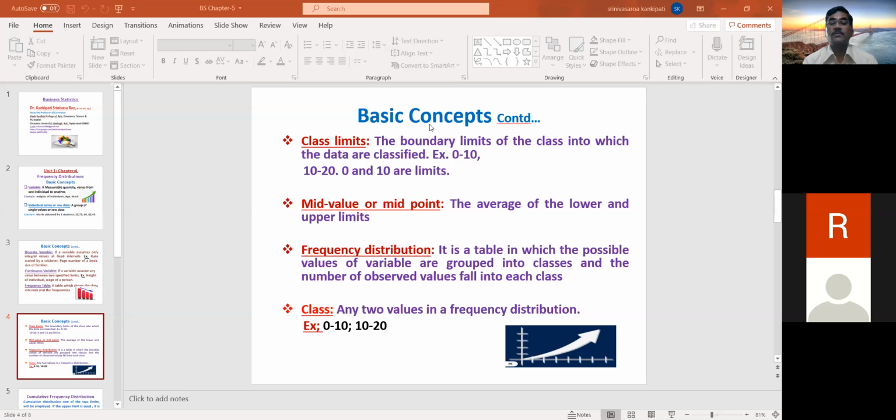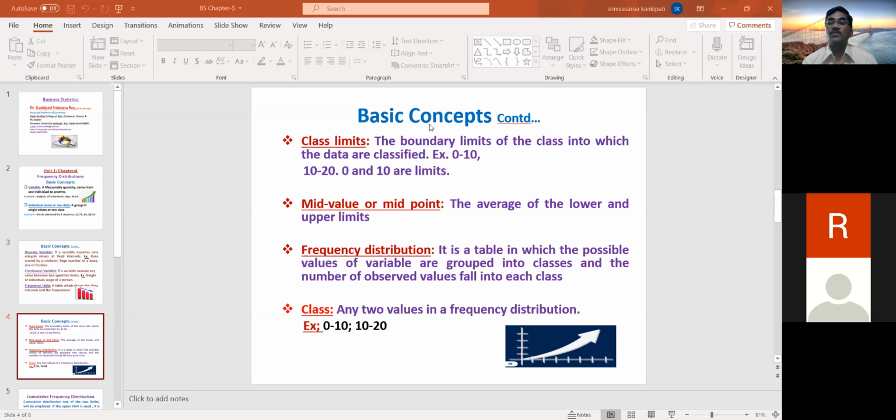So that's about the frequency. Now, what is the point you have to understand? The frequency under each class or each group, you have to mention. Frequency in the sense how many students will come under that group. For example, 10 students are there pertaining to the 70 to 80 marks group.